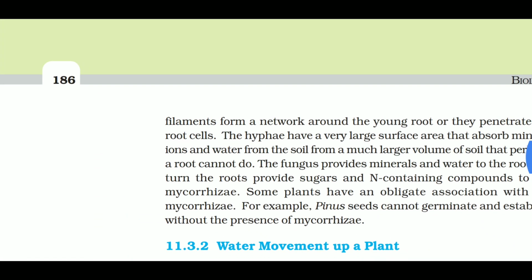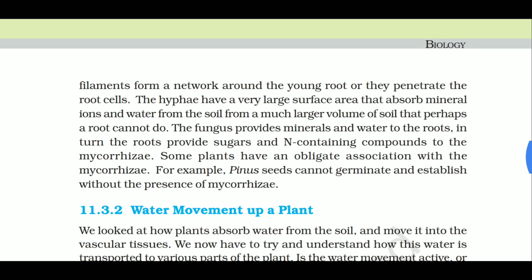The fungal filaments form a network around the young root or they penetrate the root cells. The hyphae have a very large surface area that absorbs the mineral ions and water from a much higher volume of soil than the root perhaps can. The fungus provides minerals and water to the roots. In return, the root provides sugar and nitrogen containing compounds to the mycorrhiza.